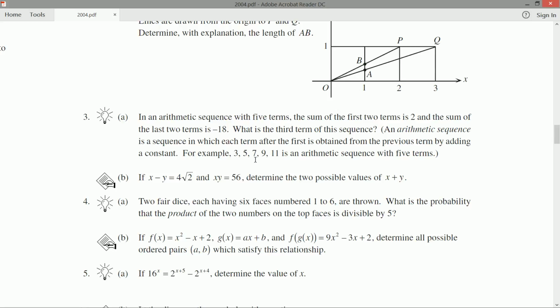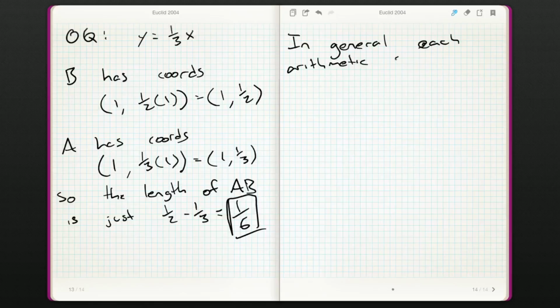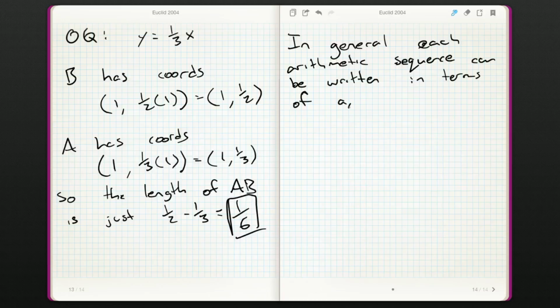What are we to do? Well, in general, each arithmetic sequence can be written in terms of A, the first term, and D, what's called the common difference.